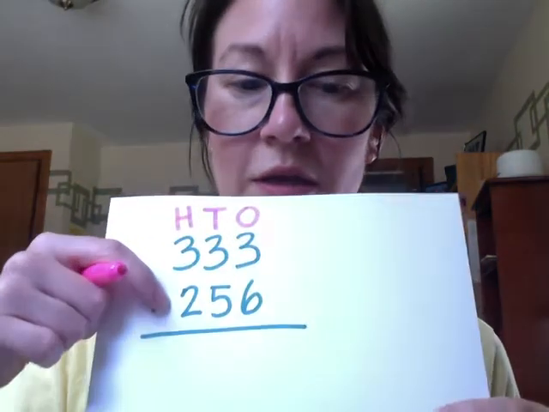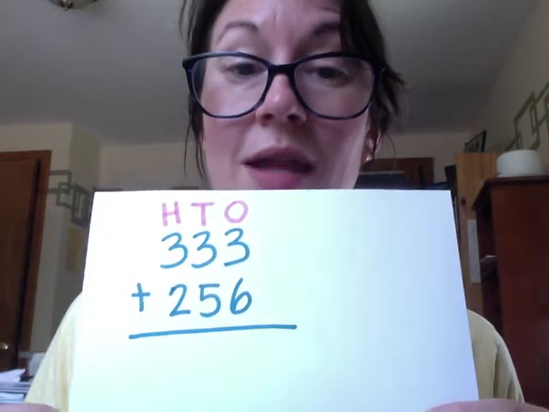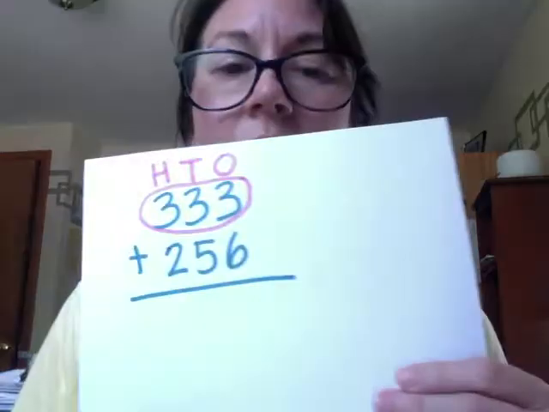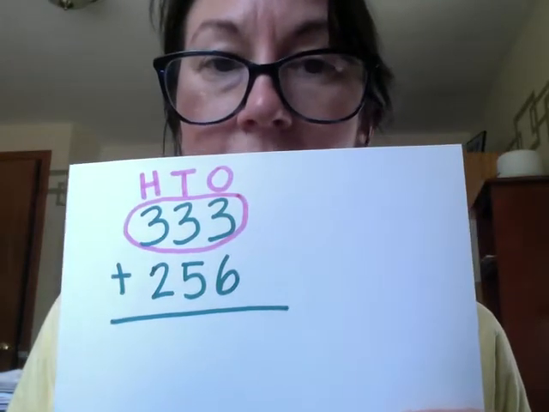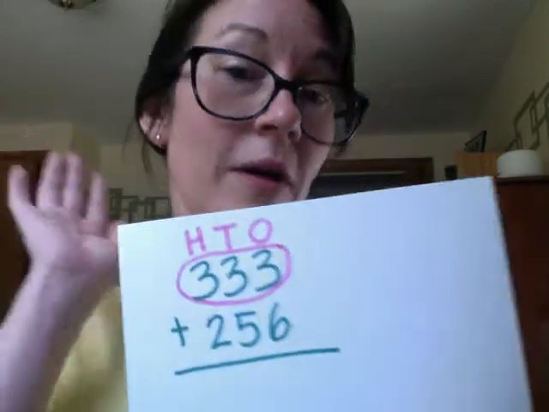I love to break it down. Step 1, mark my HTO, circle the bigger number. Step 2, model it, make a model. So I'm going to start with modeling my bigger number, and this time I'm not going to make an HTO chart. I'm just going to model it.